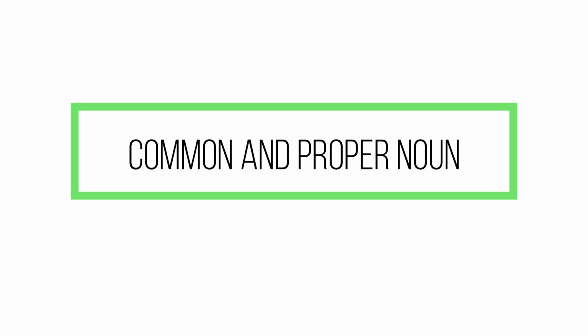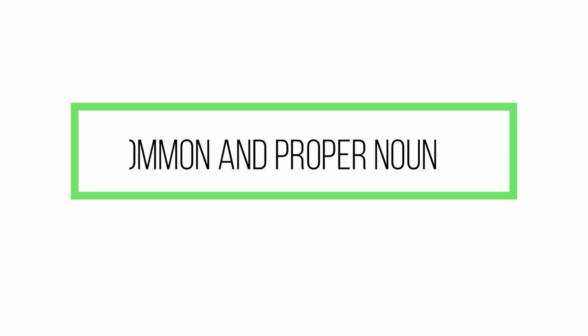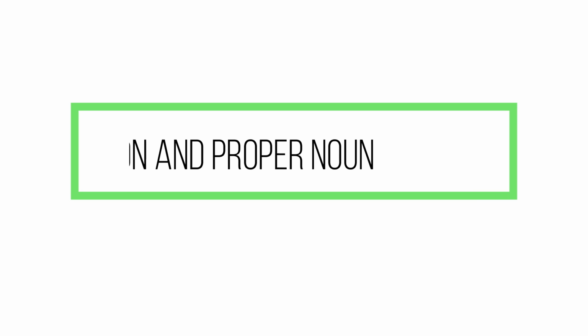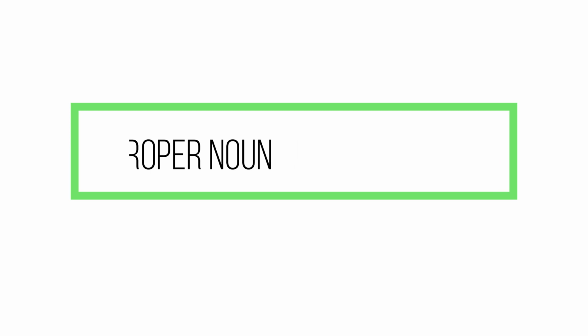Let's move on to the proper noun. A proper noun is a specific, unique person, place, thing, or idea. They're always capitalized. Let's take some examples. While working in the kitchen, your mother might use different brands of spices, sauces, grocery items.